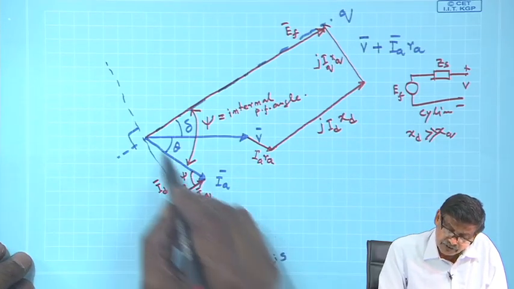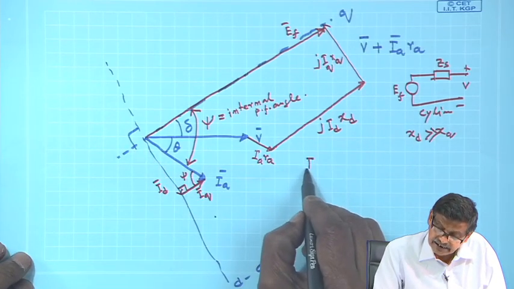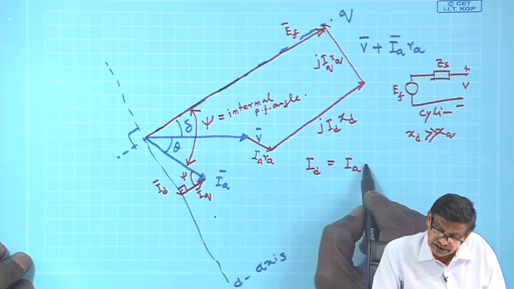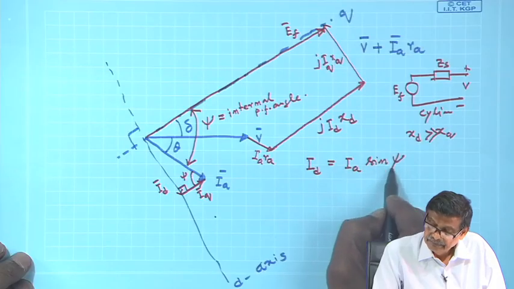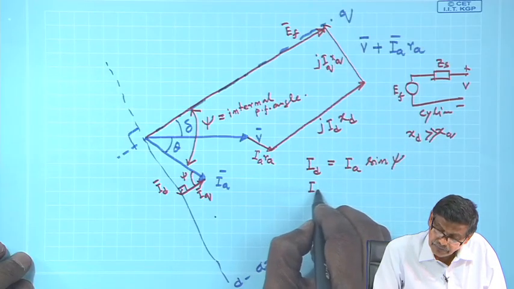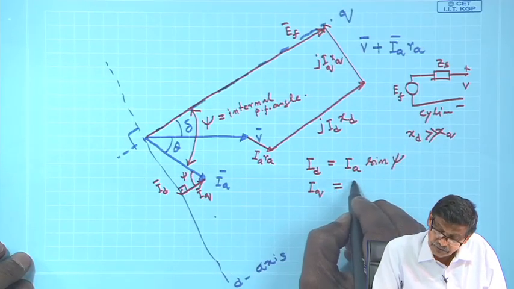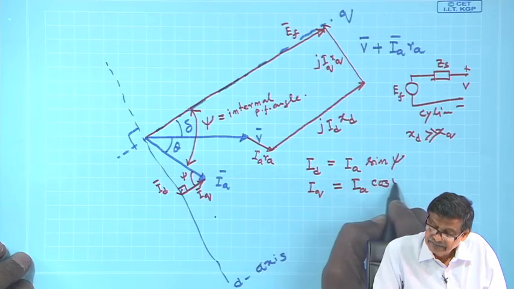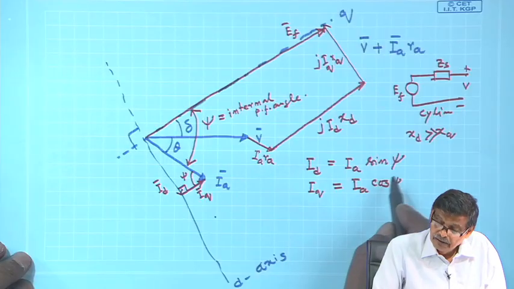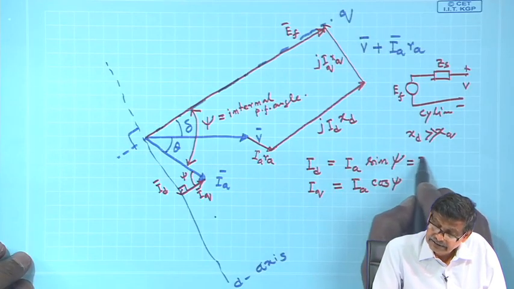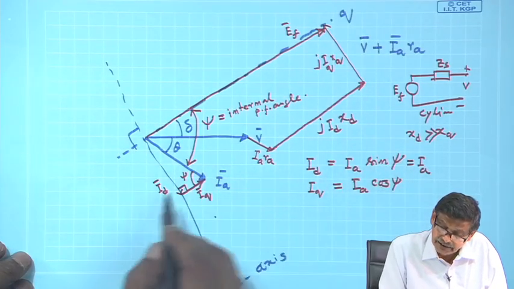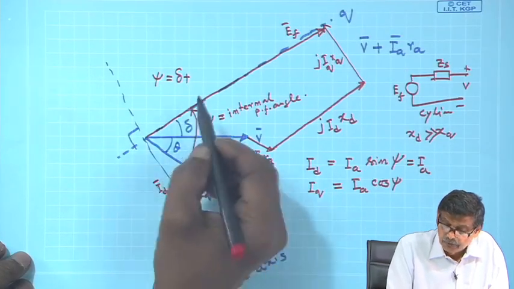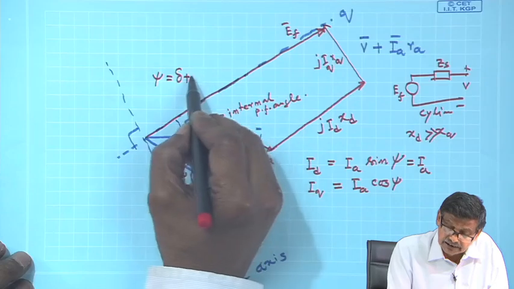So, you can see from this triangle that I d will be nothing but the magnitude of I A into sin psi, and I q is equal to I A cosine psi, where psi is nothing but delta plus theta in this particular generator mode of operation with lagging power factor.